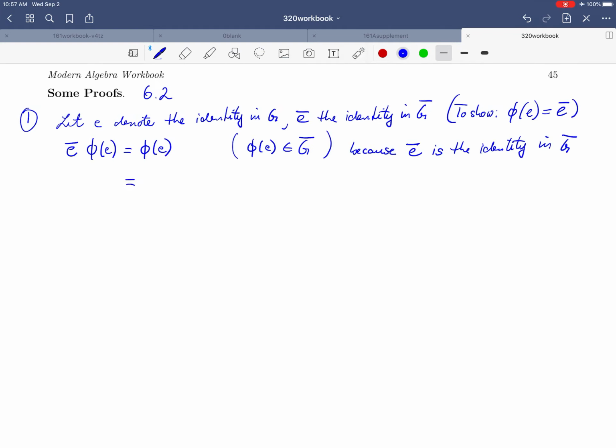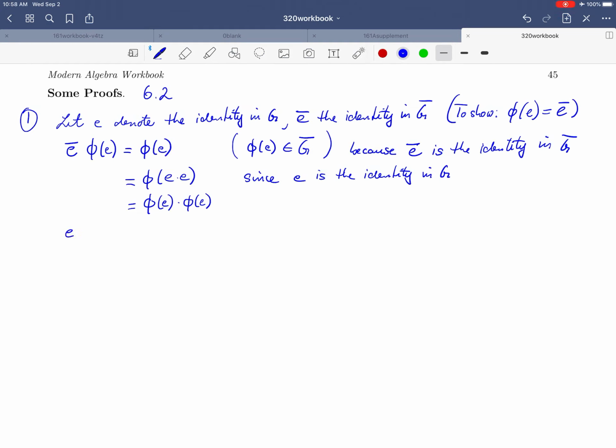Okay, now phi of E is the same as phi of E times E, since E is the identity in G. And that is nice because now I can split up my two E's, so I get phi of E times phi of E, because we have an isomorphism, and the isomorphism preserves the operation.